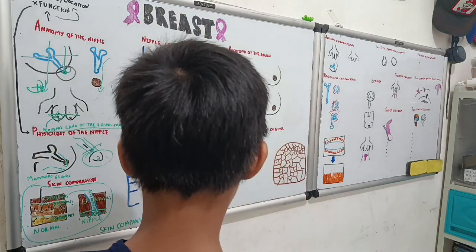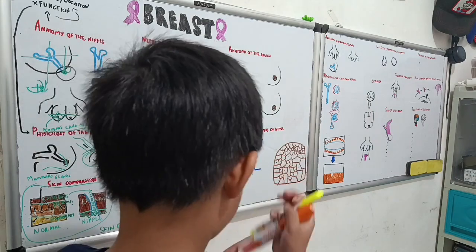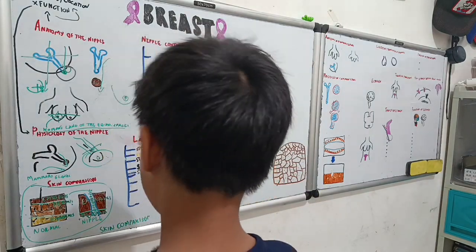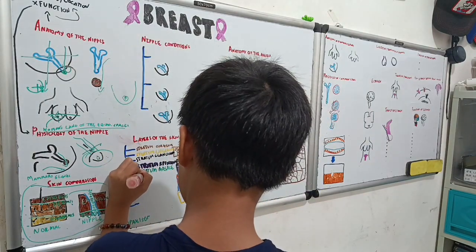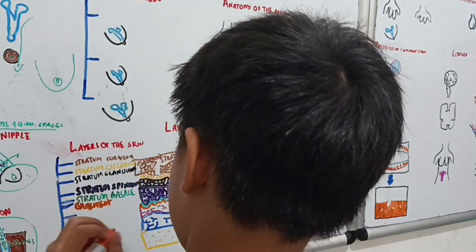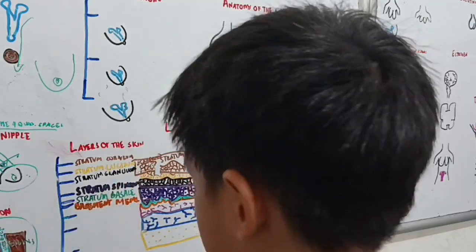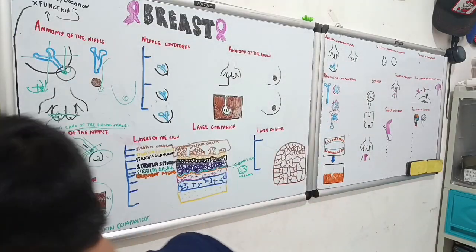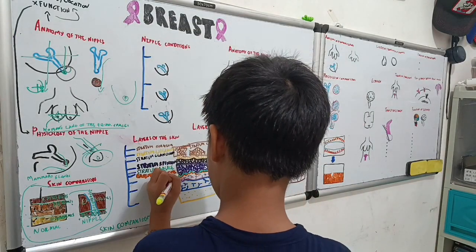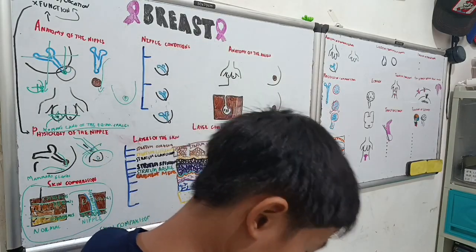Then what's this other part right here? Its name is the basement membrane. The basement membrane is just the layer that separates the epidermis and dermis. What's this next layer right here?